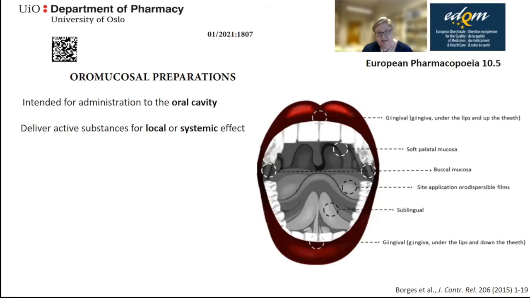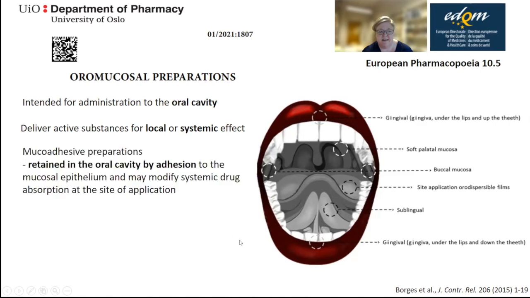They say that they are intended for administration to the oral cavity and deliver active substance for local and systemic effect. Mucoadhesive preparations should retain in the oral cavity by adhesion to the mucosal epithelium and may modify systemic drug absorption at the site of application.